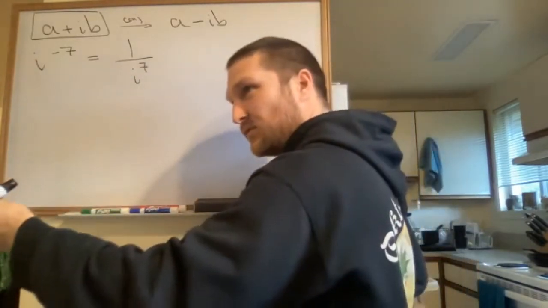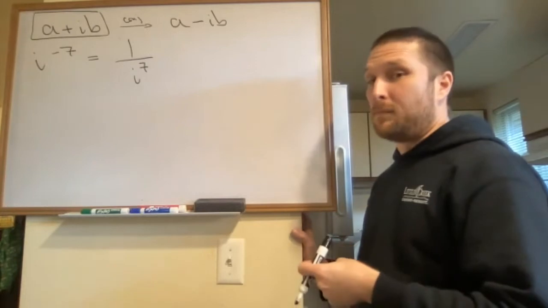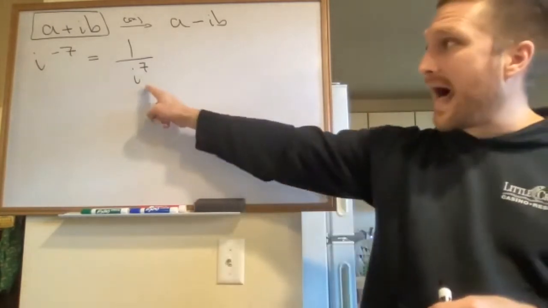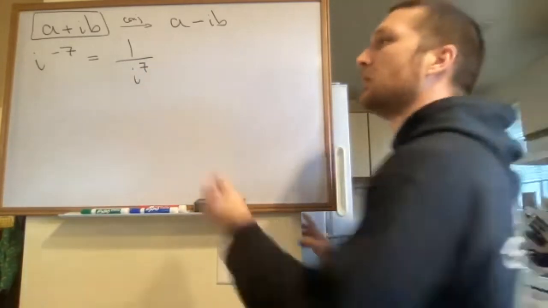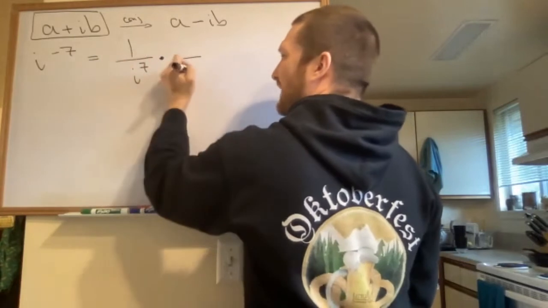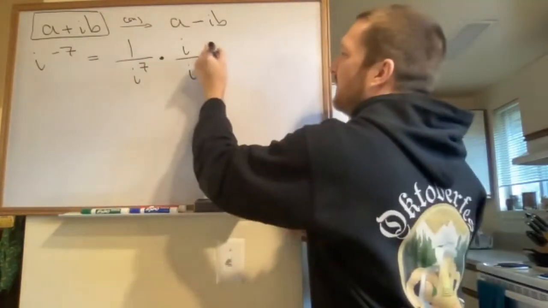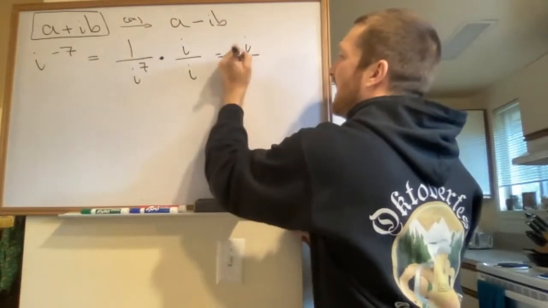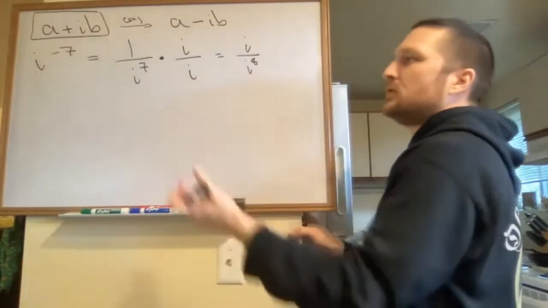Then to the 6th would be negative 1. To the 7th would be negative i. Oh, I just need one more i to turn that guy into a number I could deal with. And so in this case, I would say, well, just multiply this guy by i, top and bottom, and we end up with an i in the top and then an i to the 8th in the bottom, which we can reduce any way you want.